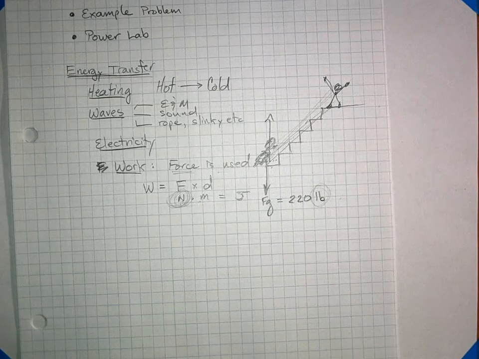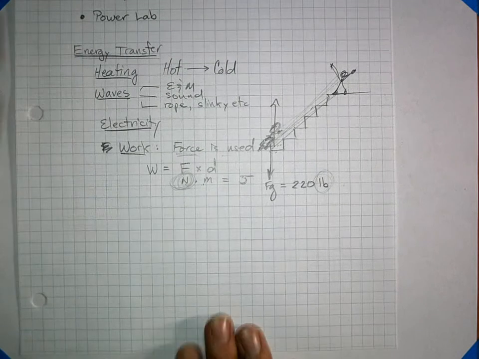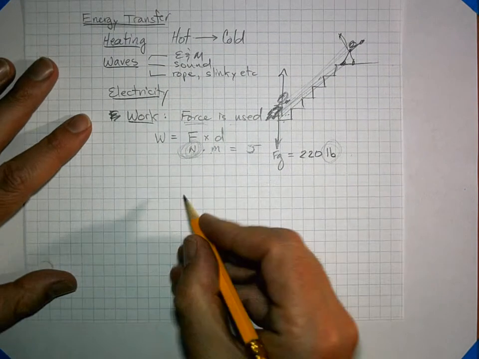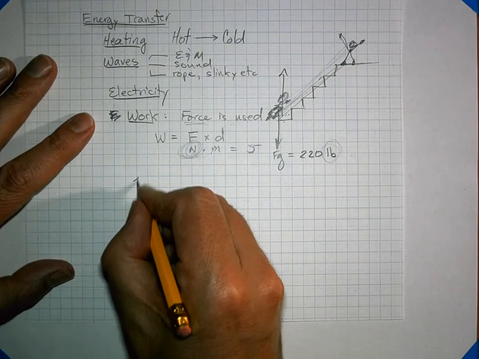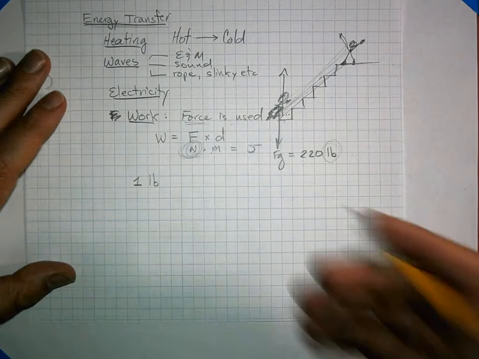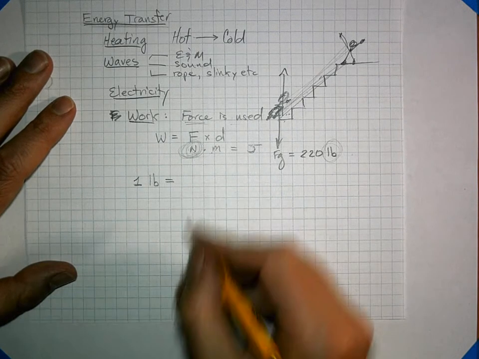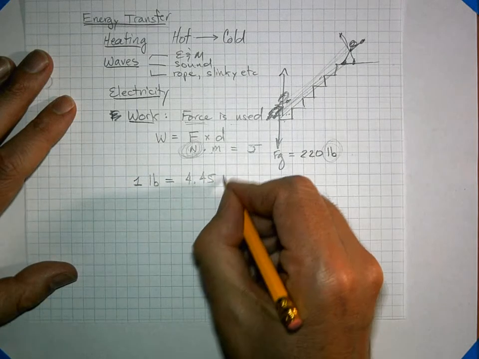So what I want to do right now is show you how to convert from pounds into newtons. And I think in Mr. Kinney's class you've already done this, but in any case, whatever. So it turns out that 1 pound of force is equal to applying 4.45 newtons.